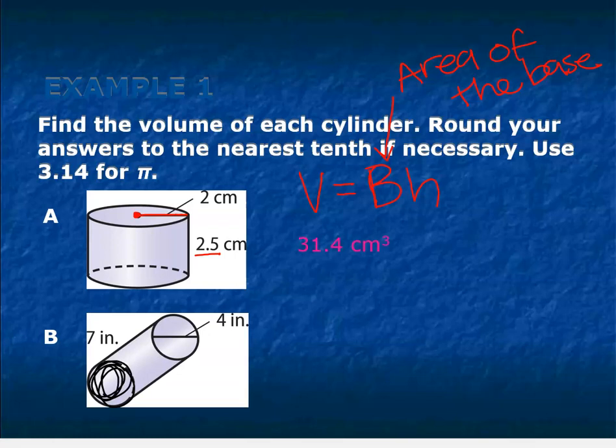The shape of my base is a circle, so I'm finding the area of a circle. To find the area of the circle, you do pi r squared times the height.